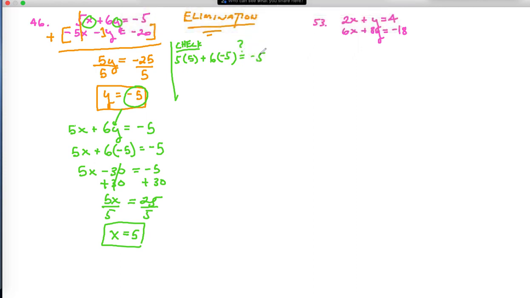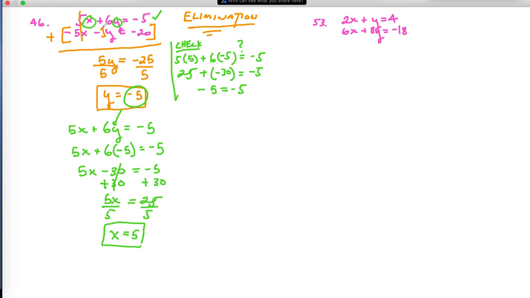Let's see. 5 times 5 is 25, plus negative 30, or minus 30, whatever you want to say. Does that equal negative 5? Yes. 25 minus 30 is the same thing as 25 plus negative 30, which is negative 5. Negative 5 equals negative 5. And it works for the top equation.